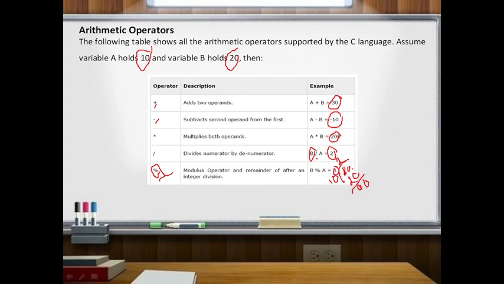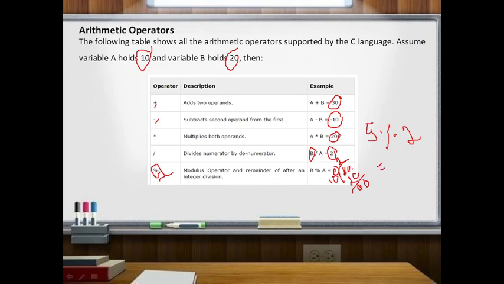Suppose I take 5 mod 2. If I am using 5 mod 2, what will be the result?